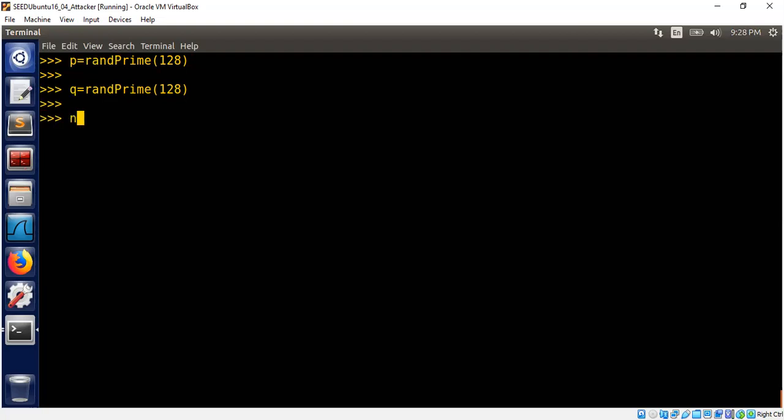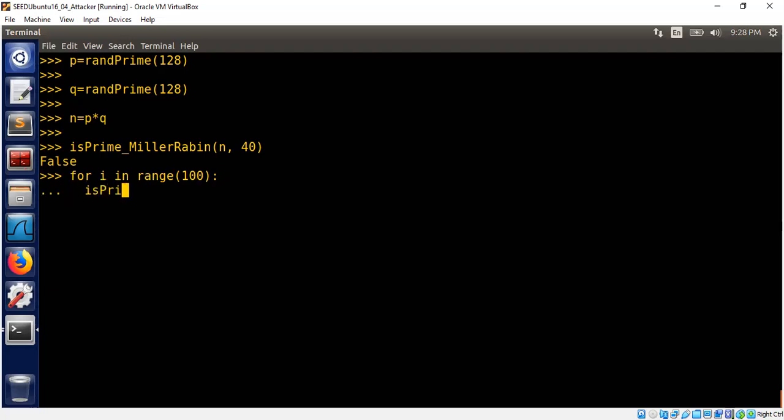Let's try now p times q. We can now ask Miller-Rabin, is prime Miller-Rabin n, with 40 trials. It's clearly saying it's not a prime number, but let's run it in a loop 100 times, to see whether it can factor the number and tell us the prime factors.